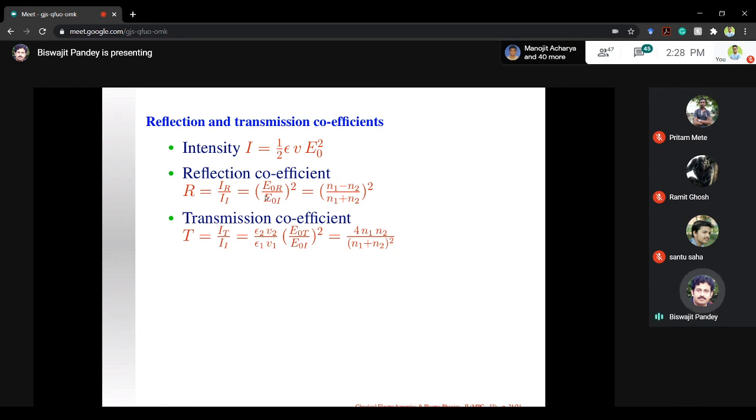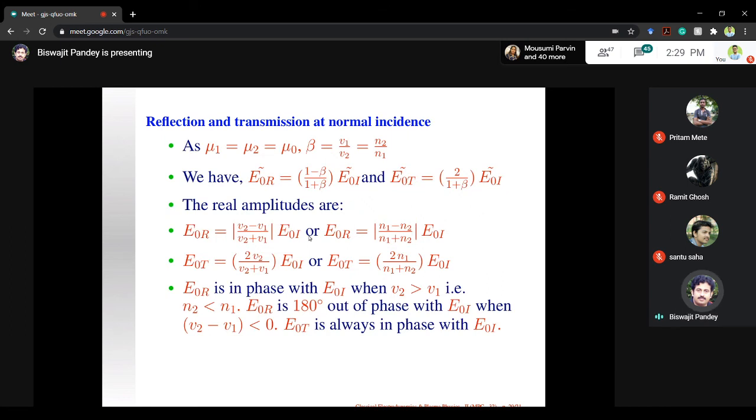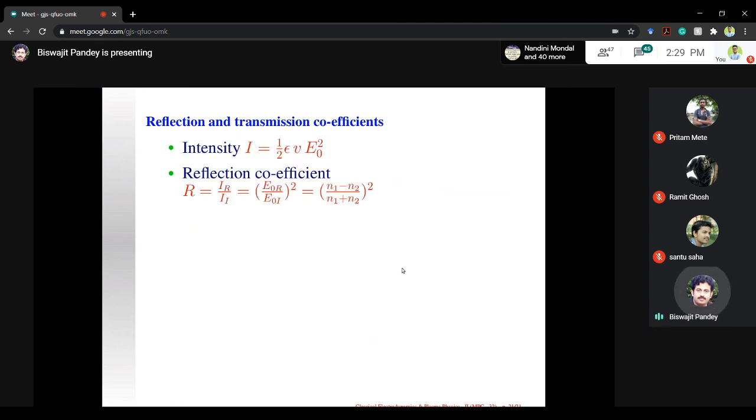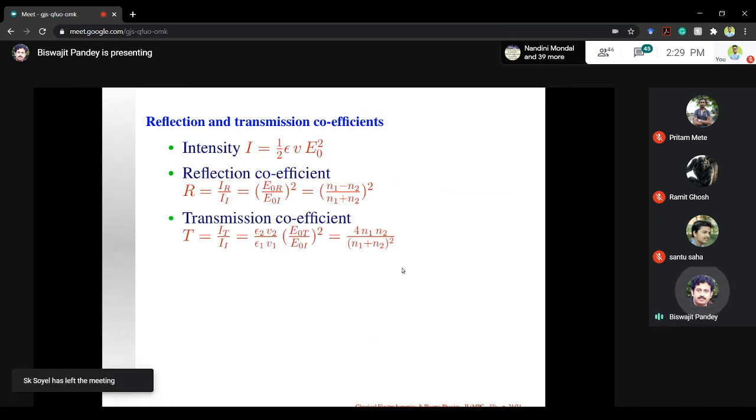That's why you see epsilon 2 V2, and in the denominator epsilon 1 V1, and E0T by E0I squared. Again, we know what E0T by E0I is: E0T divided by E0I equals 2 N1 divided by N1 plus N2. So if you put them in and simplify, you get this.